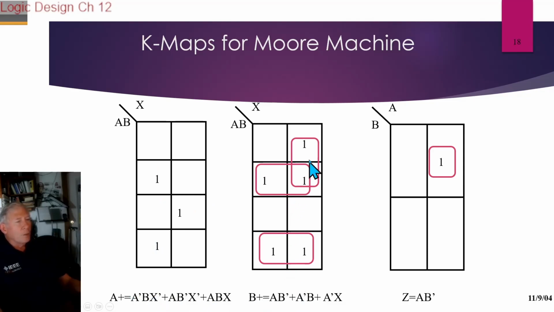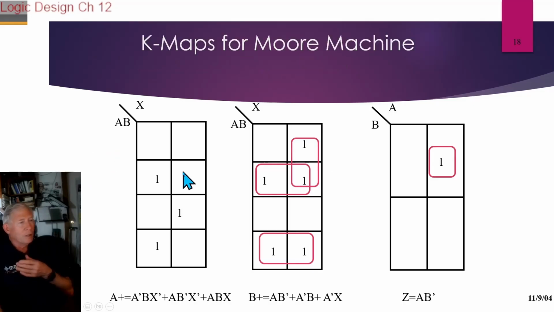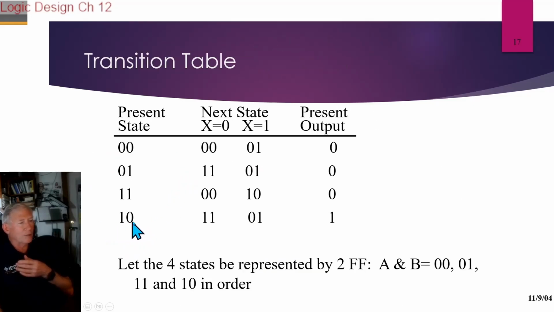And here we have three two variable terms: AB prime, A prime B, and A prime X. So you can see here, our output function is just Z equals AB prime. Notice there's no X involved in the output function because it's a Moore machine, only depending on the state. In this case, the state would be 1, 0, or state S3, because remember we coded that state 1, 0.